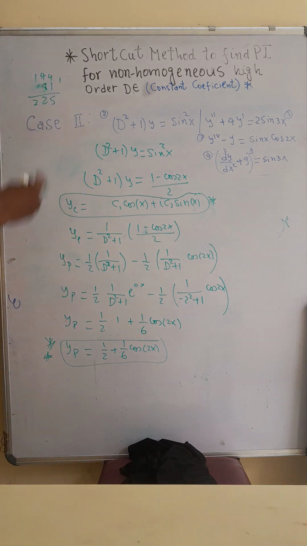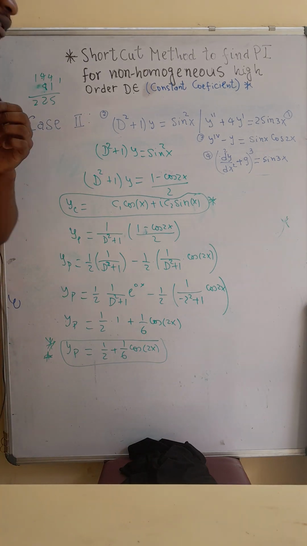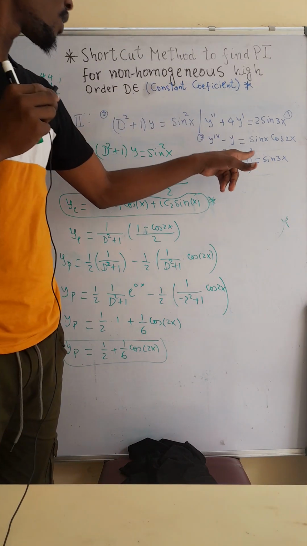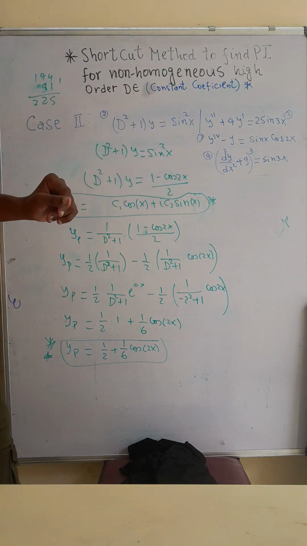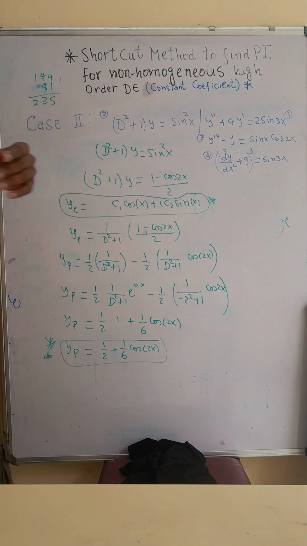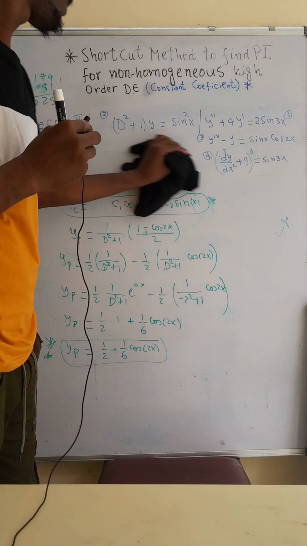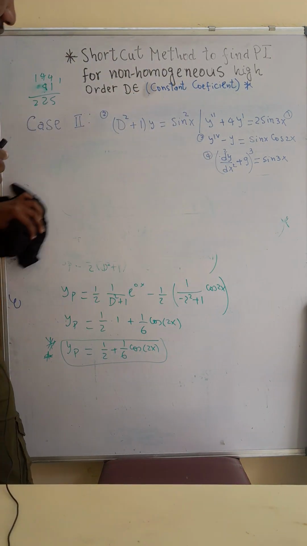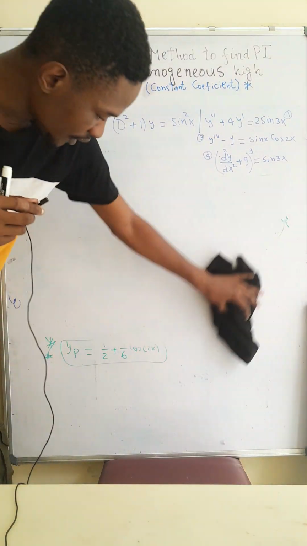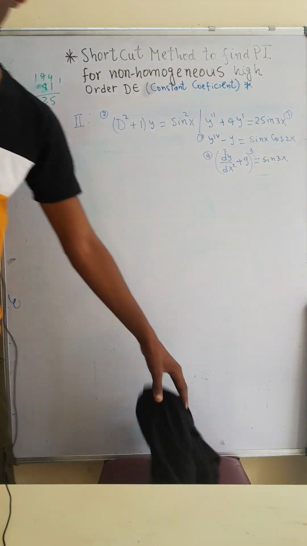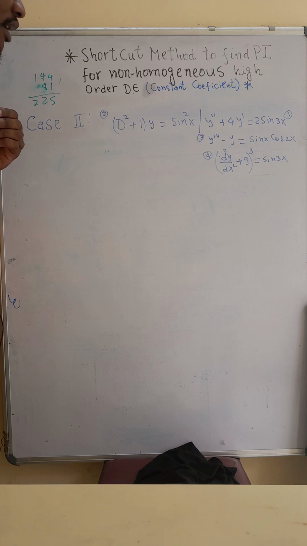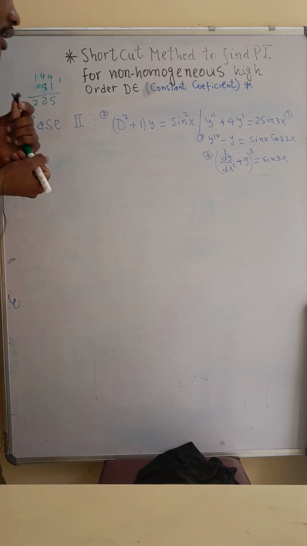Just put them together, and this is the general solution for this case. Okay, let us jump to the next one, the third exercise, this one, and then we will jump to the fourth one. Hope you can see and understand and clarify your ideas about this.